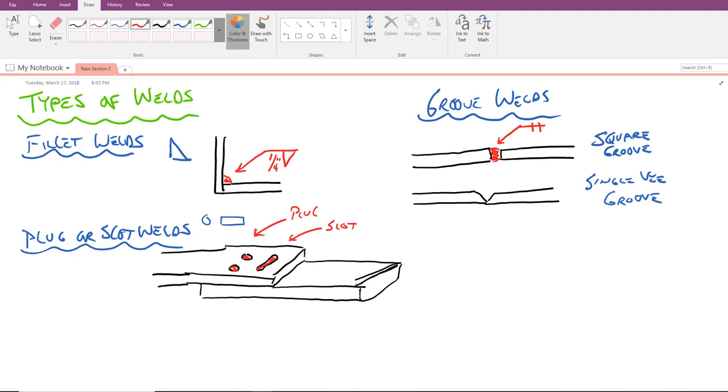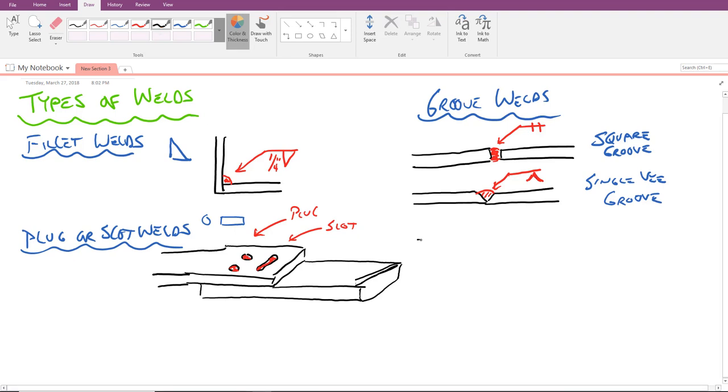And it's notated by, again, filling in their symbol. It looks like a V. In this case, it's upside down from the way it's oriented. Those should be straight lines. And it looks something like that.